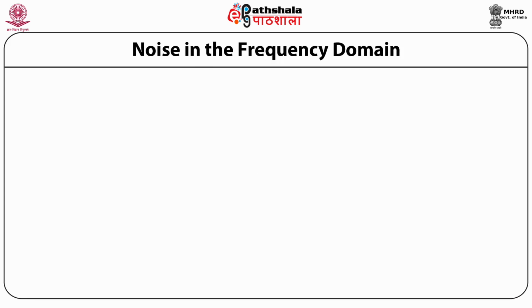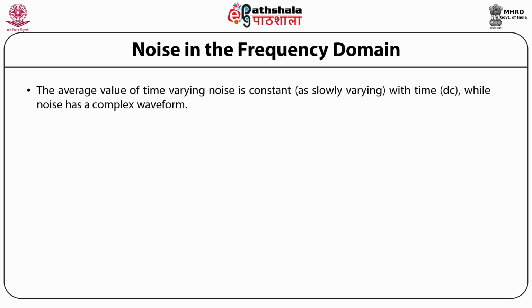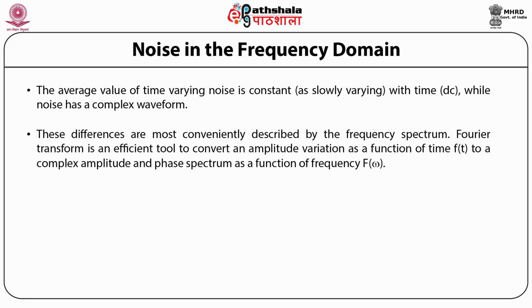Let us now discuss the noise in the frequency domain. The average value of time varying noise is constant or slowly varying with time, like DC, while noise has a complex waveform. So these differences are most conveniently described by the frequency spectrum.